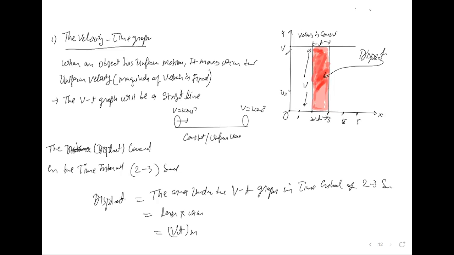Okay, students, now we will do some numerical problem of this same type. Suppose that a body is moving with uniform velocity, and this graph represents the VT graph. The time is mentioned along the x-axis and the velocity along the y-axis.